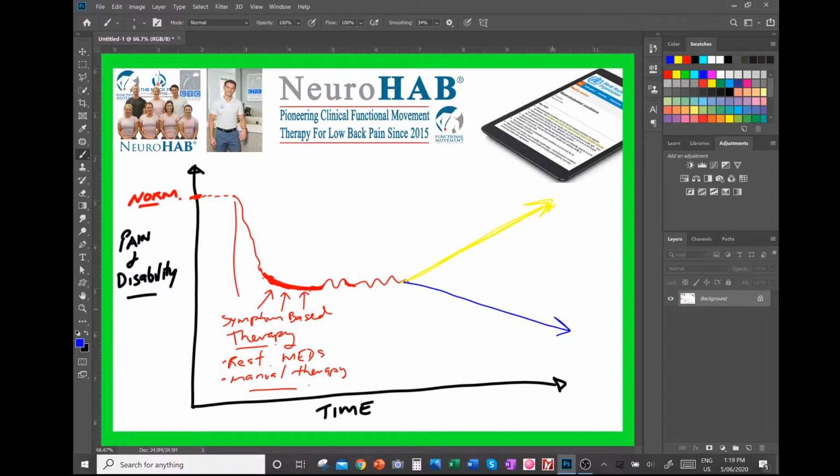And anyone watching this video is going to be able to determine which line they are following. Are they the yellow line of getting truly better? A very good colour, that. Or are they the blue line and steadily getting worse?